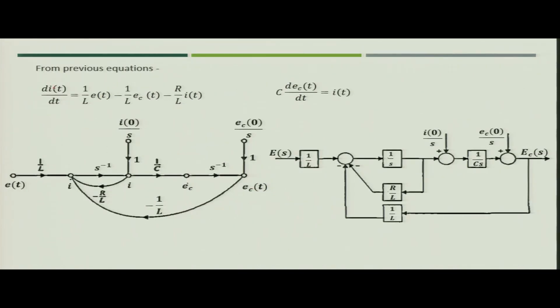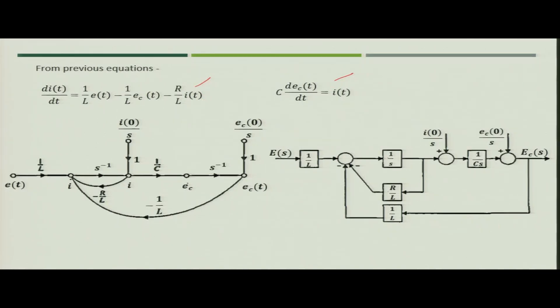We can write di by dt is nothing but 1 by L E minus 1 by L EC minus R by L I. This is the first equation we get, and the second we already have, that is C dEc by dt is equal to I. Now, we have got these two equations.